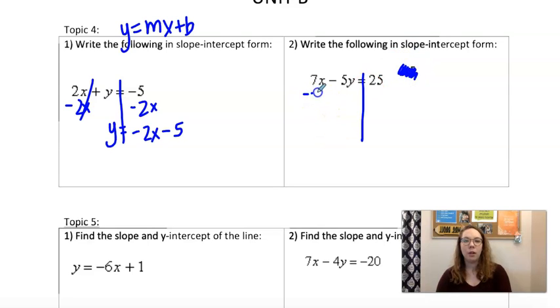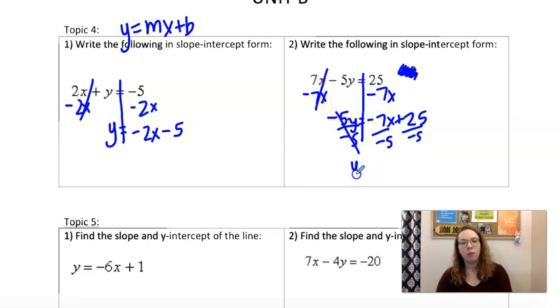We are going to subtract 7x from both sides. We have negative 5y equals negative 7x plus 25. And then we'll divide everything by negative 5. So we have y equals 7/5 x minus 5.